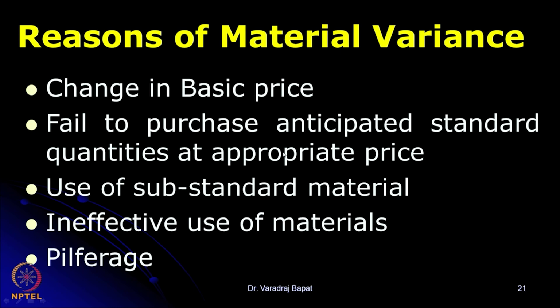Sometimes the material which we get is of substandard quality, leading to losses in the production process. Sometimes while using the material, there is an inefficient use, maybe because machine is faulty or workers are careless. There can also be causes like pilferage, that the material which is stored is being misused or mishandled.